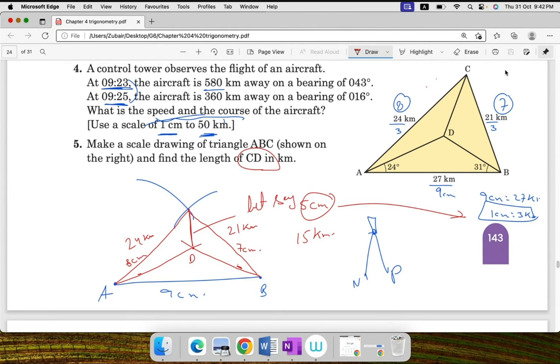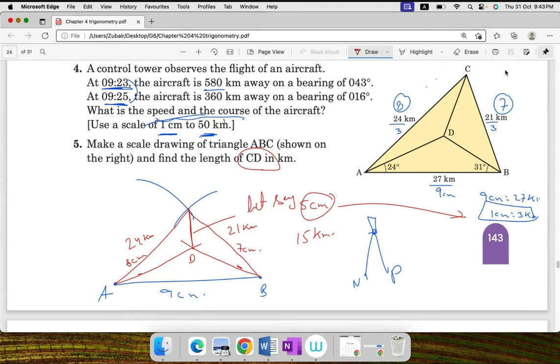You'll get the exact values once you draw it, and we can compare the answers given at the end of the exercise.